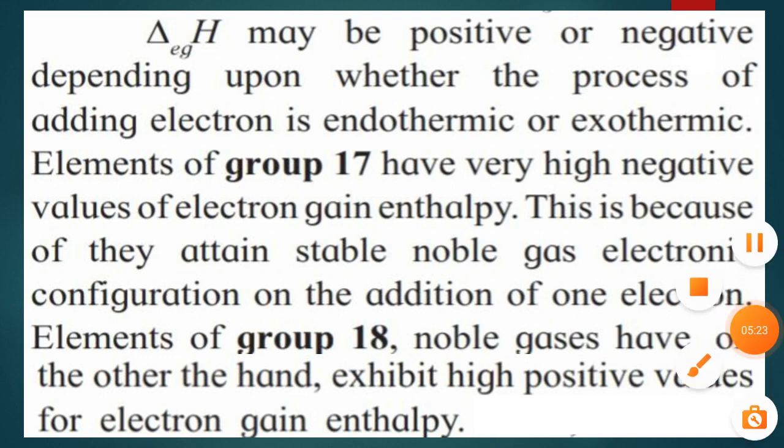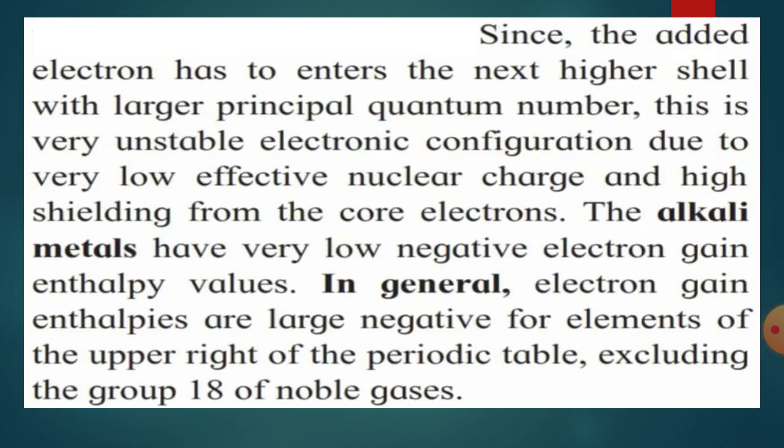So, students, elements of group 17 have a very high negative value of electron gain enthalpy, whereas group 18 elements exhibit a high positive value, since the added electron has to enter the next higher shell.